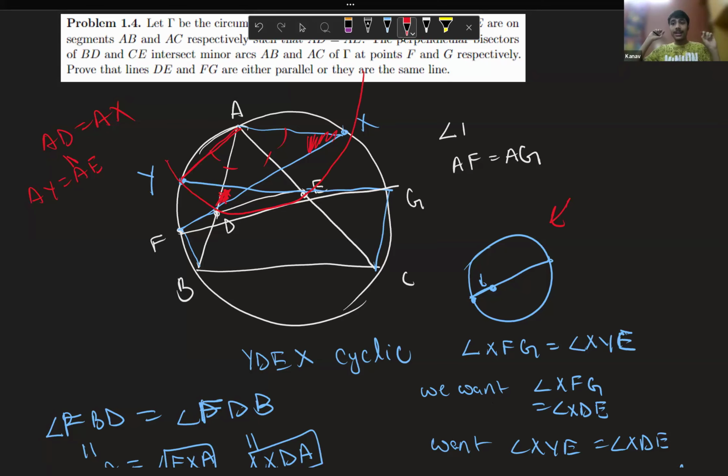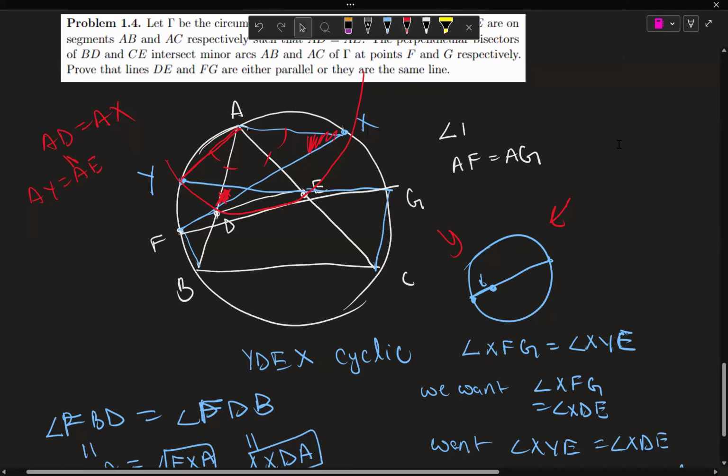This problem is not that easy, and I do not know any solution instead of bashing which does not introduce points X and Y. If you don't introduce X and Y, it can be seriously hard, but if we do it, it becomes a lot easier. So just keep this in mind. Do you remember the source? The source is IMO 2018 Lima.